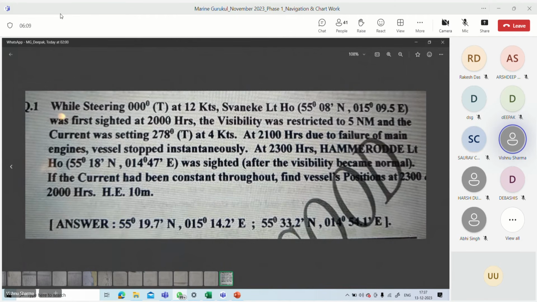So current is given here. What does he mean by normal visibility? There is nothing like normal visibility. So sir, here he is basically wanting us to use the geographical range, is it? Only geographical range.